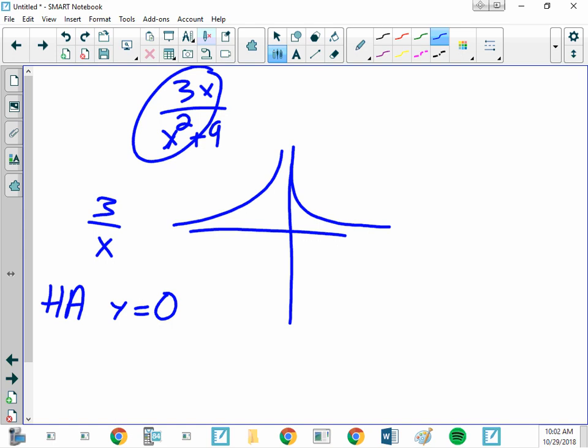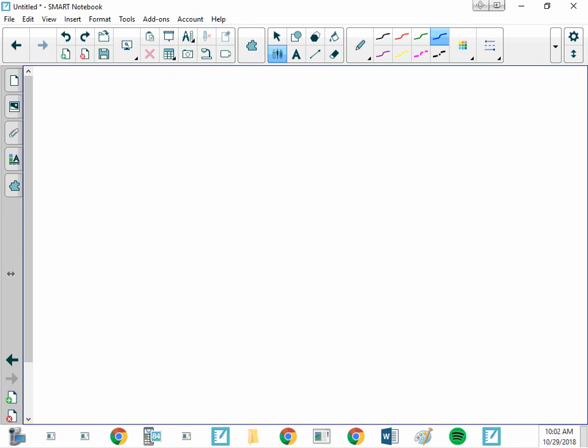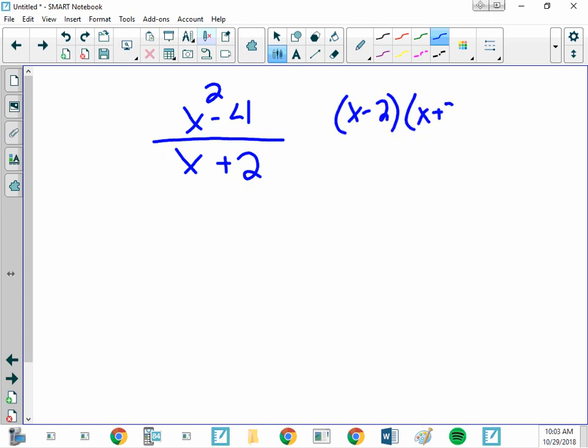Now we need to look at, see where it says your turn under 308? x squared minus 4 over x plus 2. Can we factor the top? x minus 2 and x plus 2 over x plus 2.